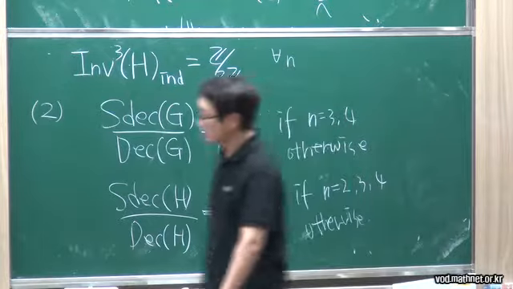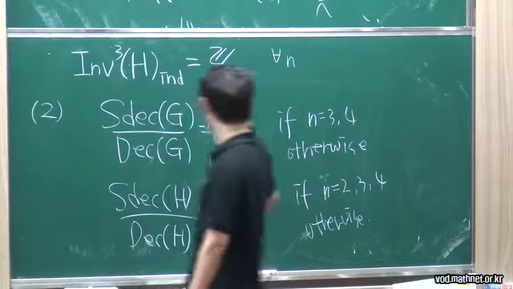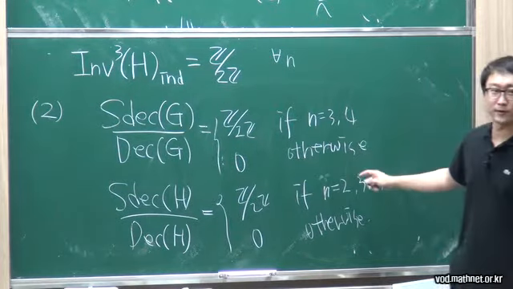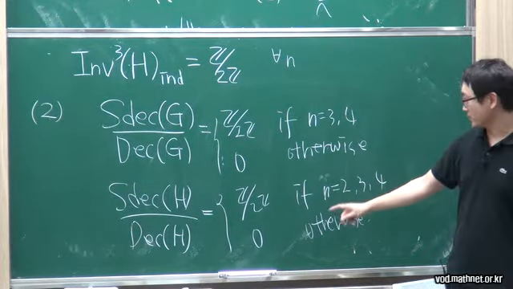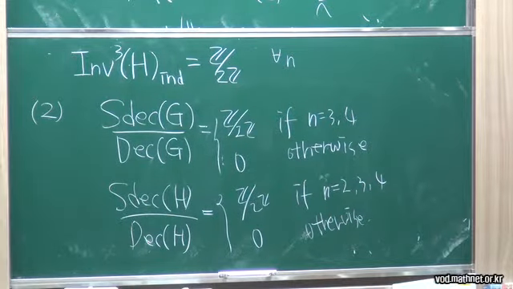So in other words, for any n, the semi-decomposable invariance exists only for n equal 3 and 4. And for the semi-simple group, it's 2, 3, 4. These are all the semi-decomposable invariants.